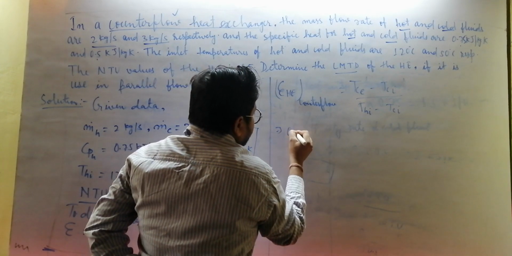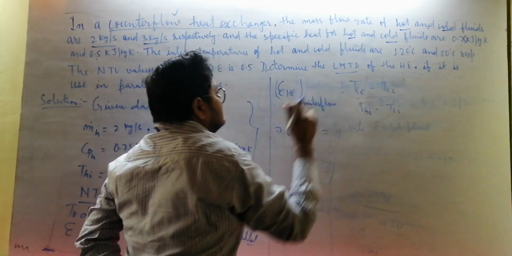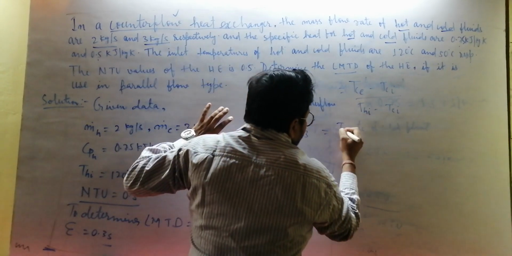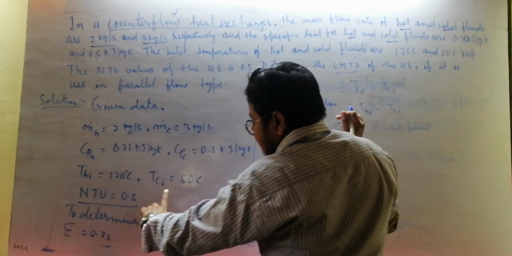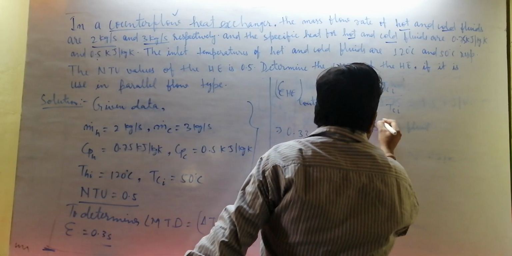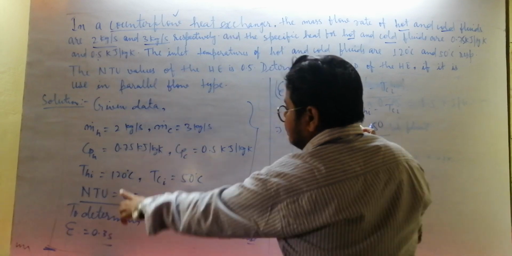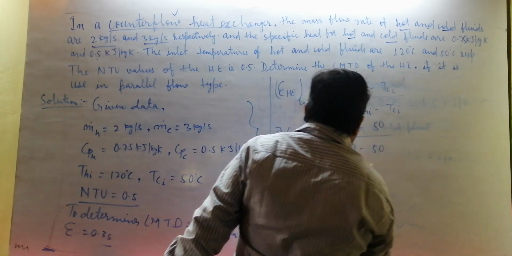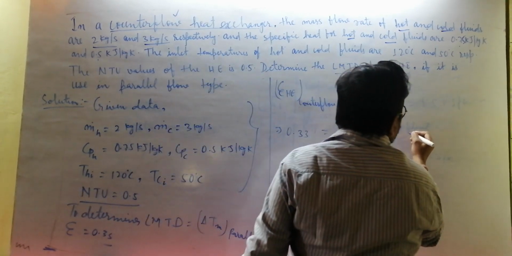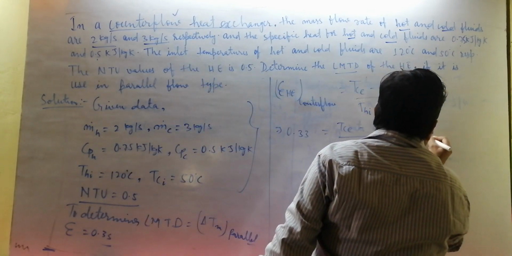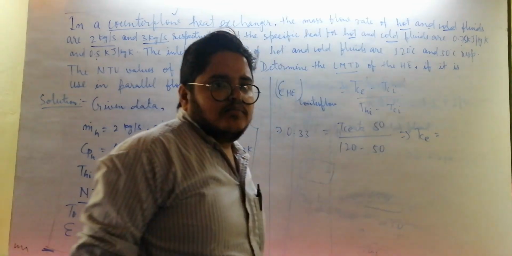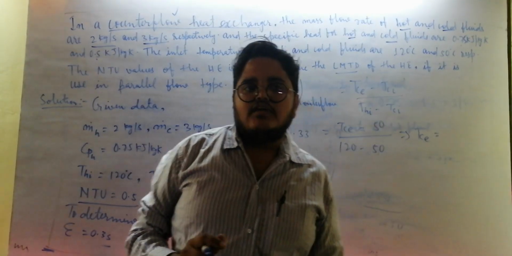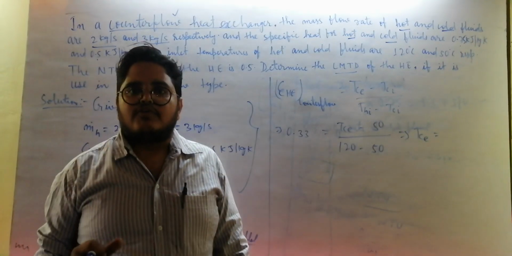Here the effectiveness is 0.33. I have to find Tce. Tci is 50, divided by Thi 120 minus 50. When I calculate this value, the Tce value comes to 73.1.